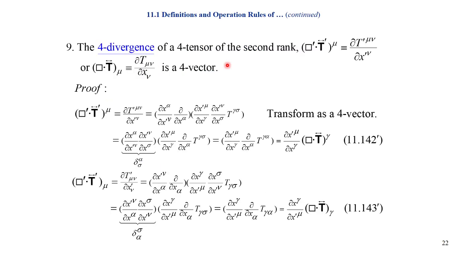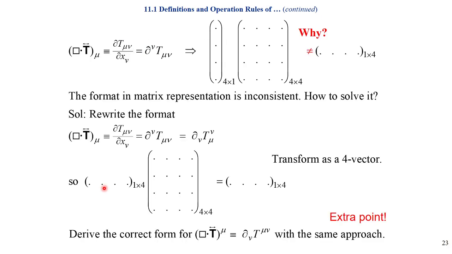The 4 divergence of a 4 tensor of the second rank is a 4 vector. So they transform, they just follow the Lorentz transformation. You have 2 expressions, superscript and subscript. Okay, they are all the same. Okay, we just proved this one.